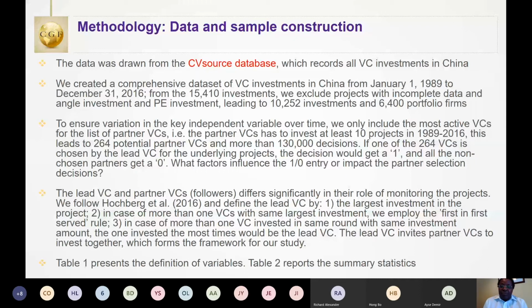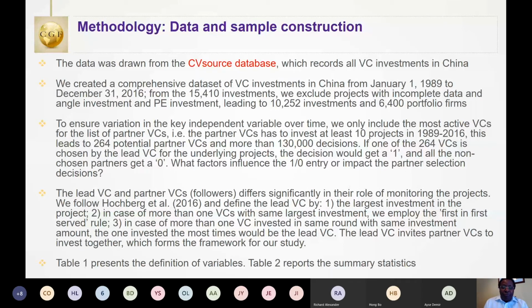This is possibly the authoritative database, and we use this database to create a comprehensive database of VC investments in China from 1989 to 2016. We have data up to 2019, but it's just unreliable and incomplete. So that's why we make a cutoff at 2016.